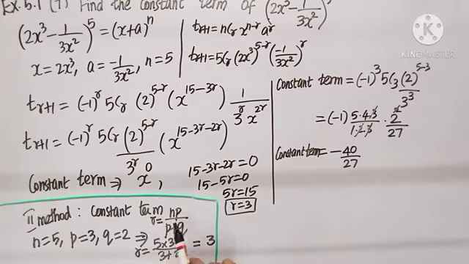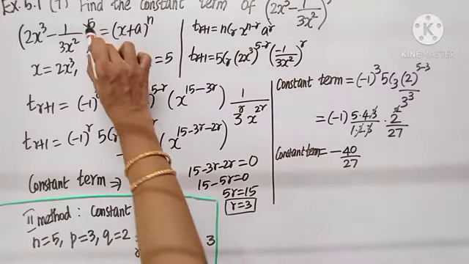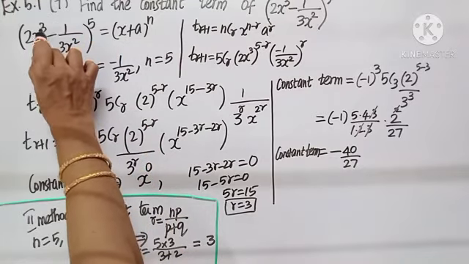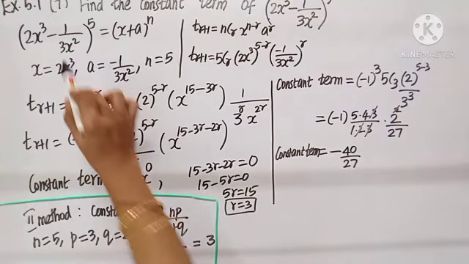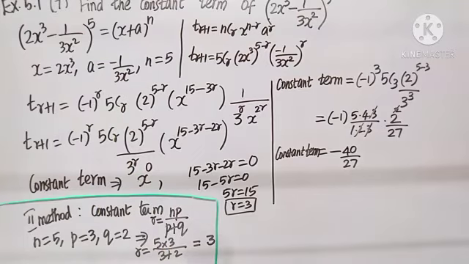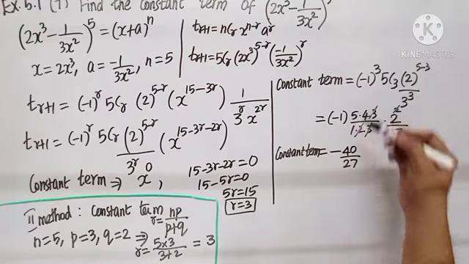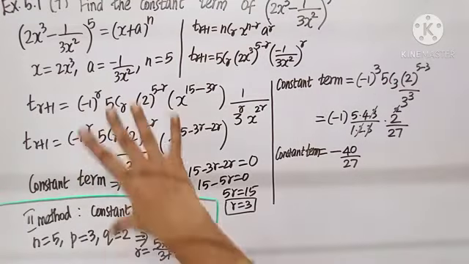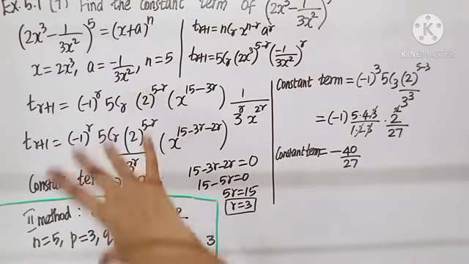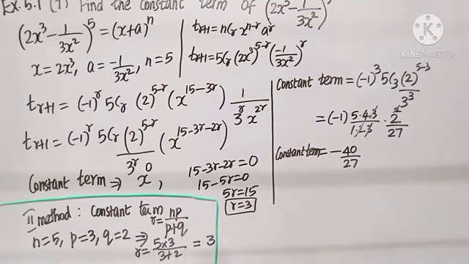So R equals NP by P plus Q. N is the power, P is the numerator power, Q is the second term power. So that gives us what is R. Once I know R, I can find out the constant term as T R plus 1 and the same answer will come. So these three steps can also be written in this pattern.